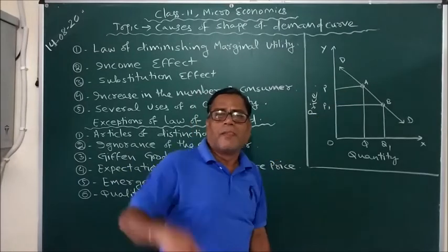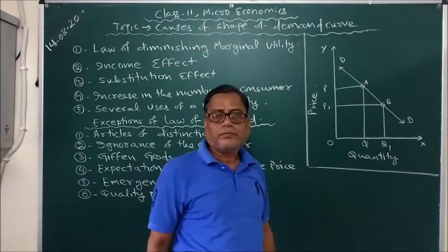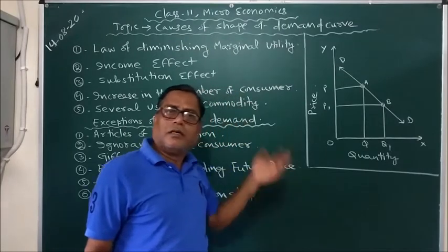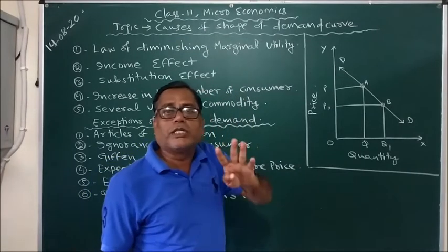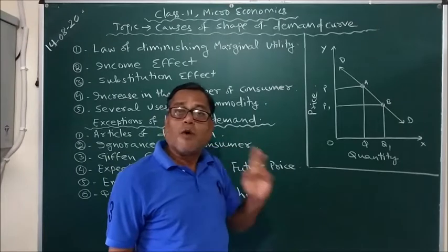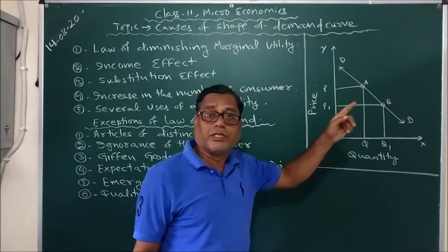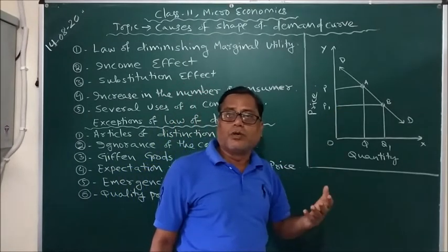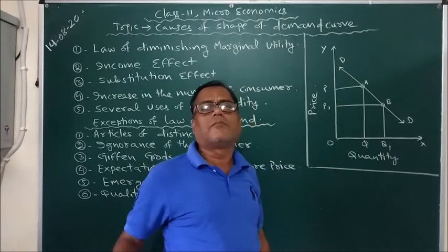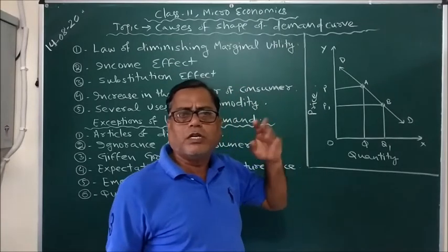And now see how it is related to the law of demand. Suppose the price falls, then what will happen? The marginal utility of the fourth unit of the good that was equal to its price previously, now the price will be less and the marginal utility of the fourth unit will be more.